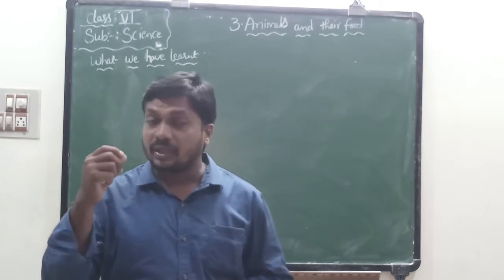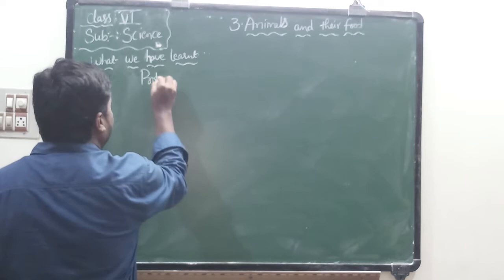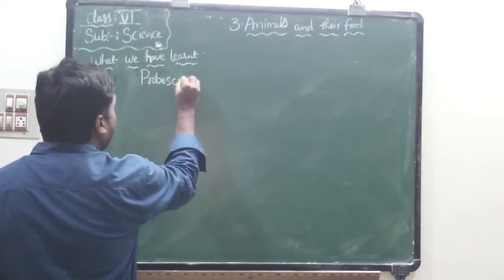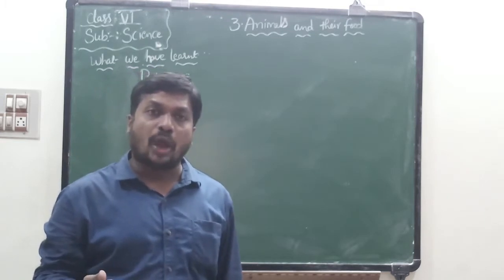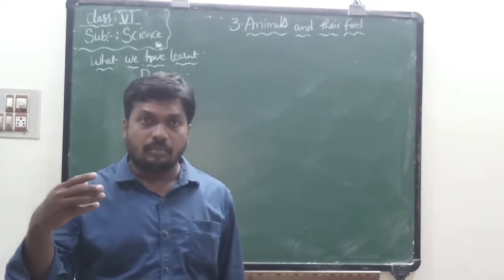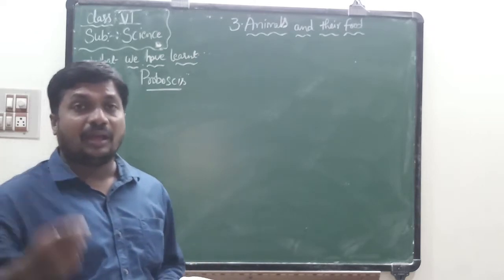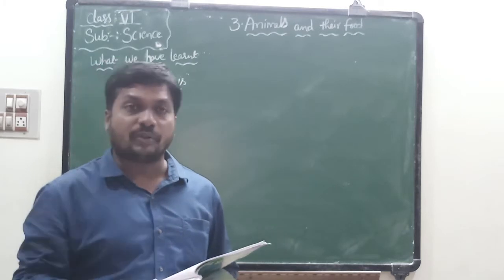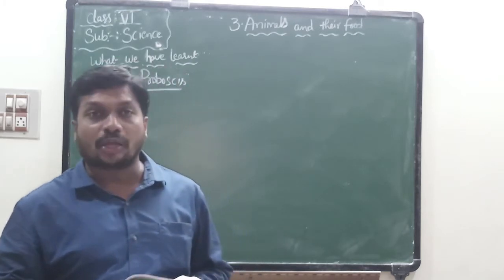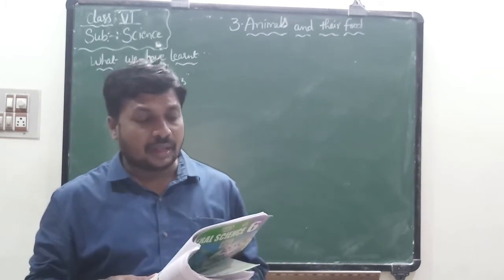They do this with the help of a structure called the proboscis, present in insects like mosquitoes or butterflies. With the help of this proboscis, they suck liquid foods. Licking, for example, a dog licks the food material before taking it.